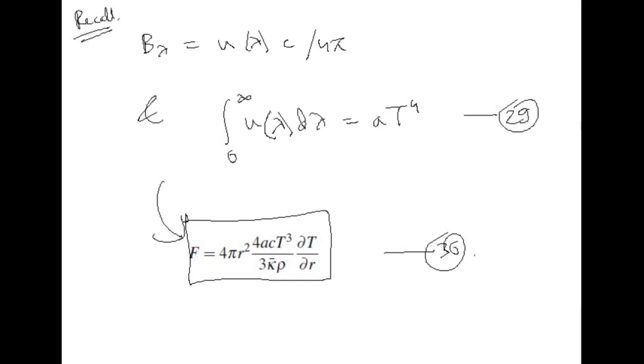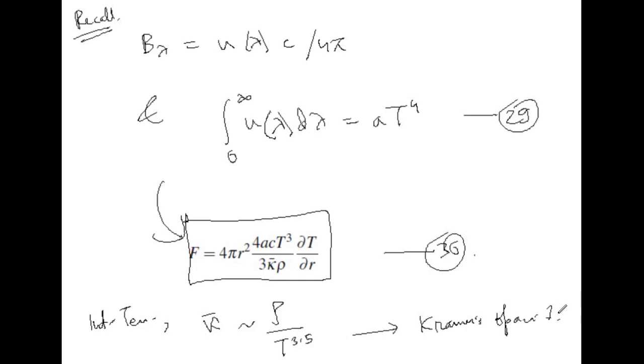The mean opacities for these processes are, at intermediate temperature, proportional to this relation. This is very interesting: rho times T to the power minus 3.5, and this is known as Kramers opacities.